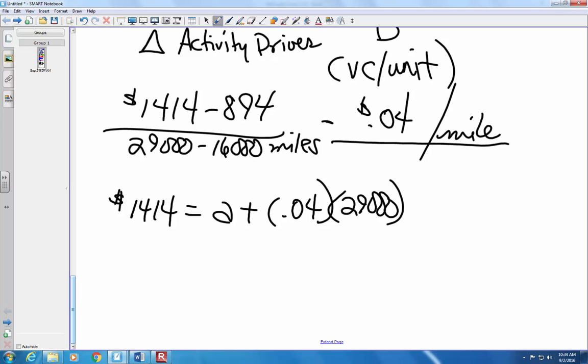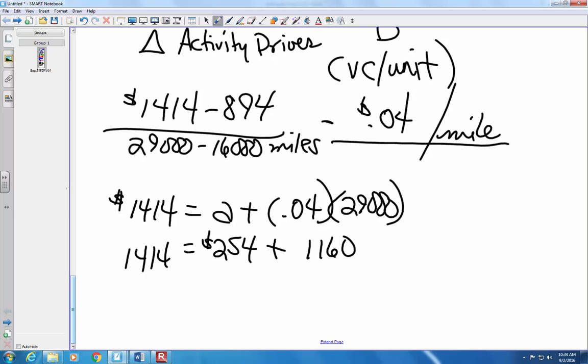And that wasn't too far off from my scatter graph, was it? I just checked February. Good.